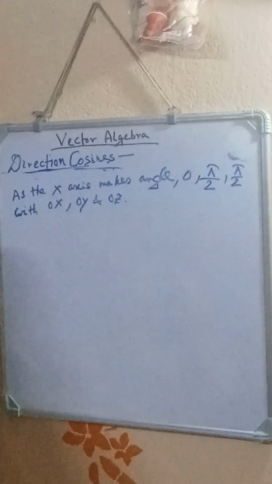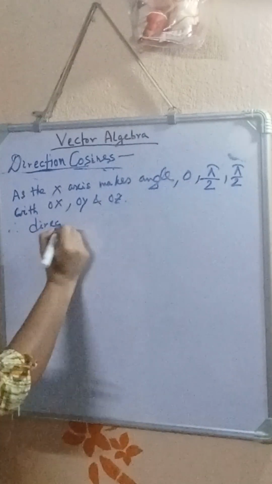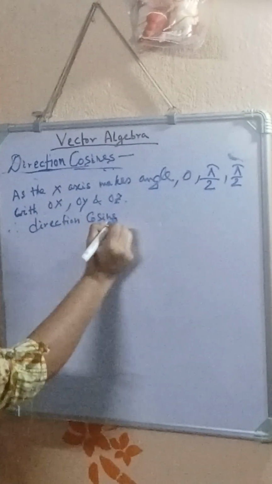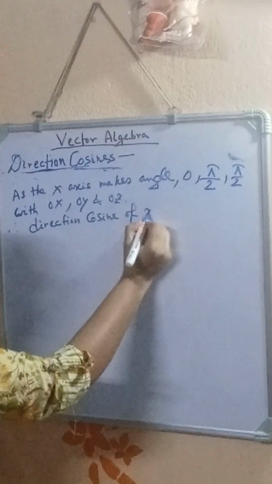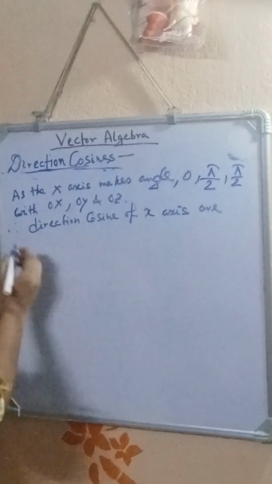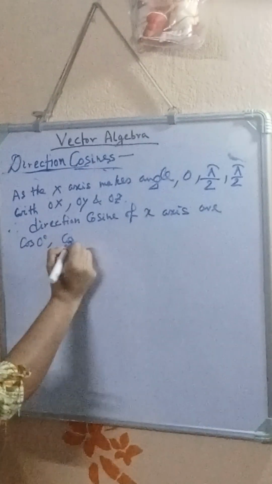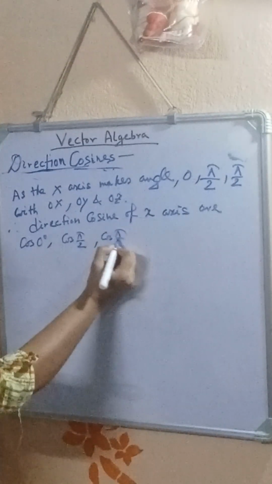Therefore, the direction cosines of the x-axis are cos 0, cos pi by 2, cos pi by 2.